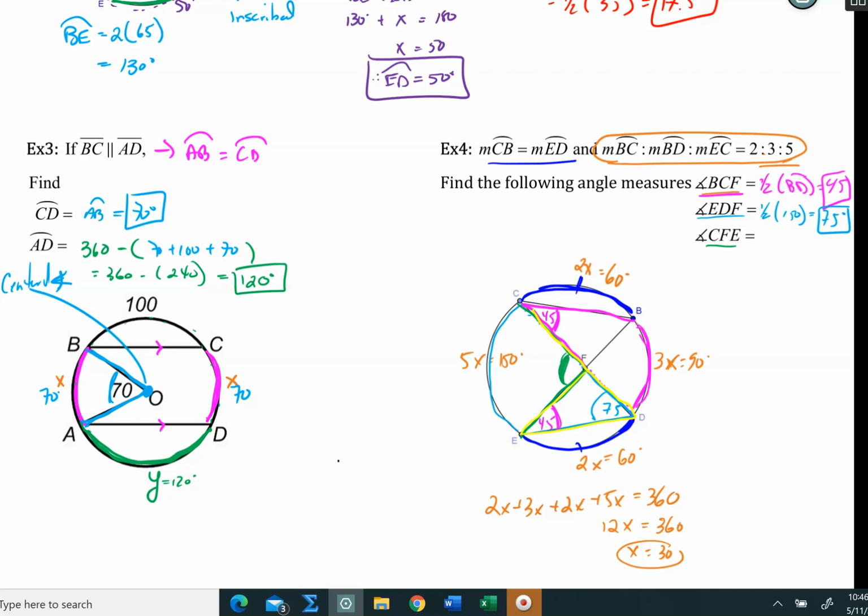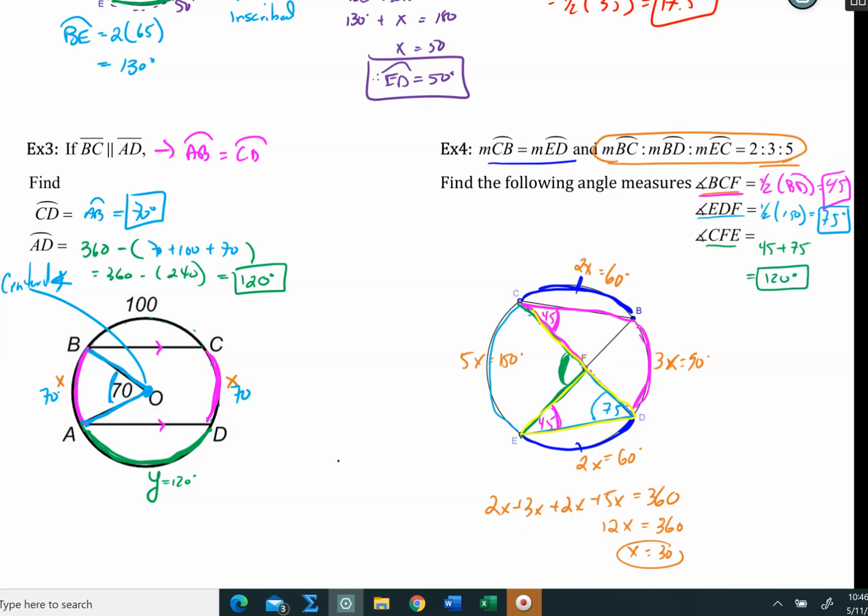So I can just simply plug that in now and say, well, if I just add those two values together, that would give me my angle measure. In this particular case, we're saying 45 plus the 75, which would give me a total of 120 degrees for that angle.